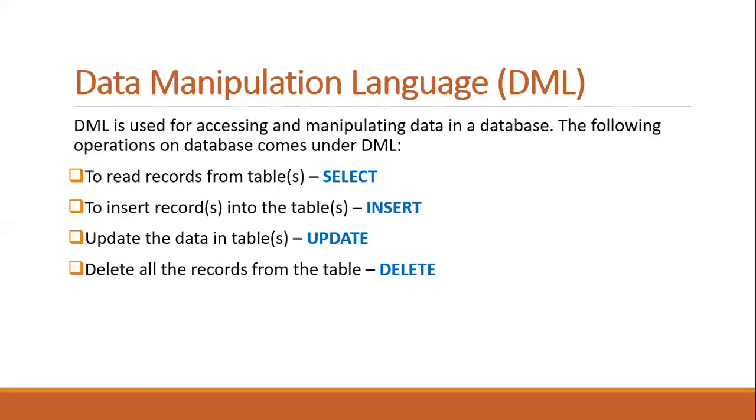If we want only the information of roll numbers 1 to 10, we use the select command. Let's say we want to add some information of any new students, so we use the insert command.